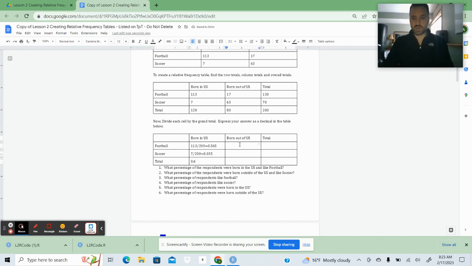And then here I go 17 divided by 200, and that gives me 0.085. And then this is 63 divided by 200, which is 0.315.